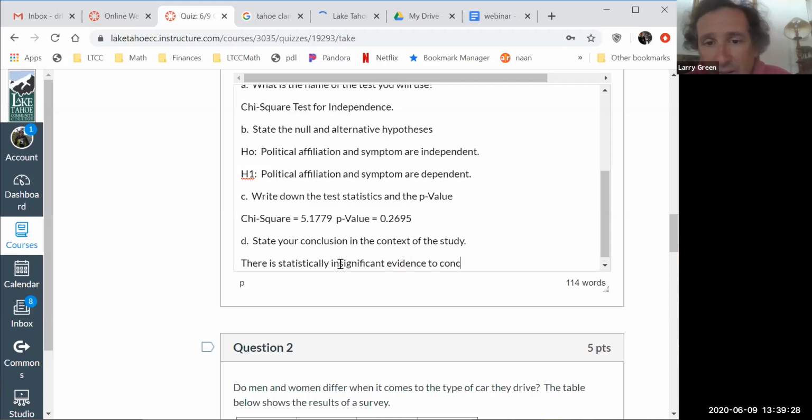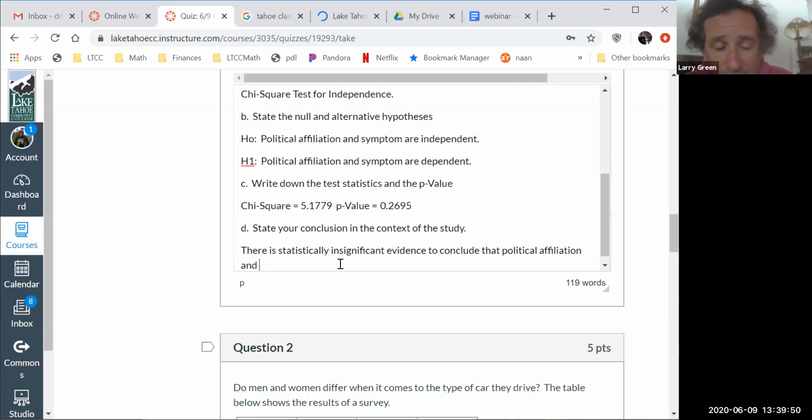To conclude. And now we've got to write it in the context of the question, which means, as I mentioned, you have to have the words political affiliation, and you should have symptoms in your sentence. So, to conclude that political affiliation and COVID-19 symptoms are... when it's insignificant, you could either say dependent or independent.